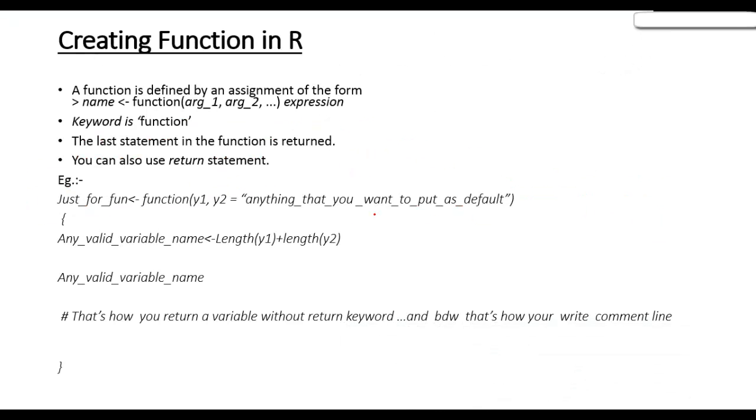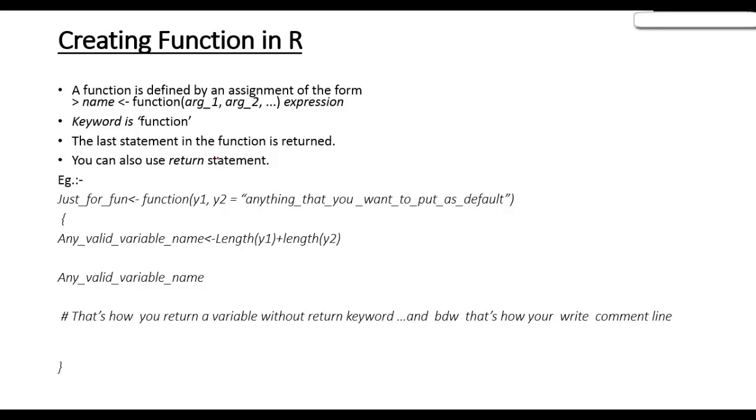In R, functions are basically treated as first class objects. What we mean by first class object is that we can pass a function as an argument, and perhaps we can store it inside the disk, as we used to store data.